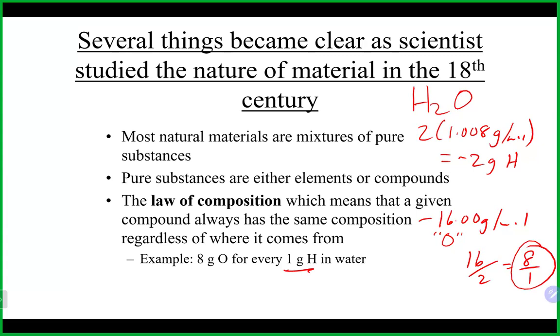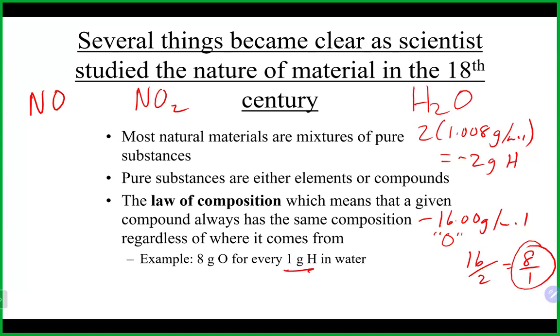And we'll actually see it in just a few slides down the road. For example, you could have nitrogen and NO, you could have NO2 and so forth, and they will always come together, as we'll see in a second, in the simplest whole number ratios. So it would be wrong in the sense of the mass ratio for water.